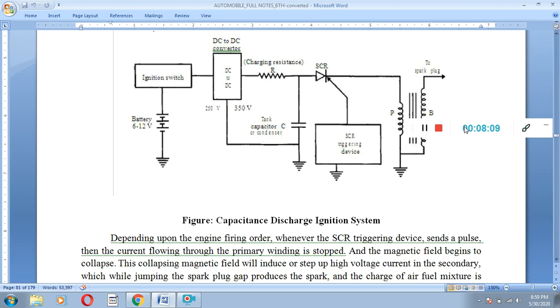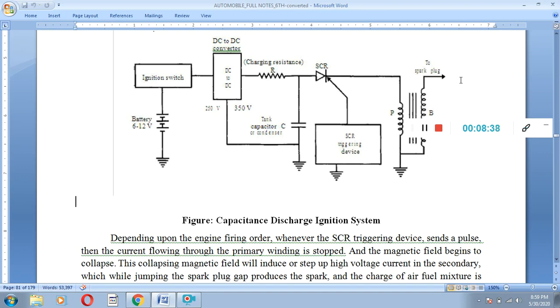Here also we have some very important parts: the battery, ignition switch, AC to DC converter, charging resistance, a tank capacitor or condenser, charging device, and spark plug.